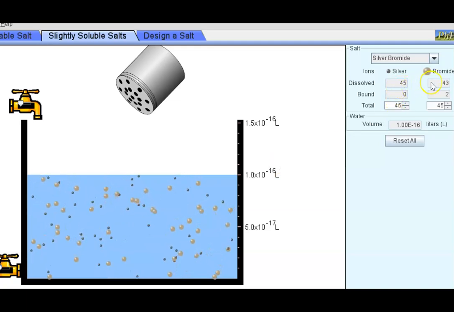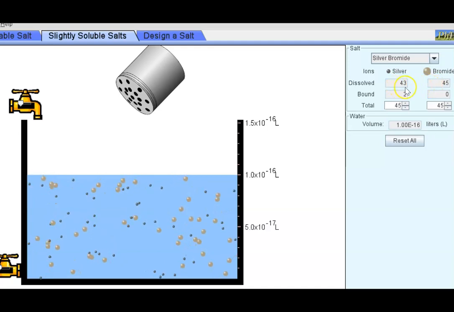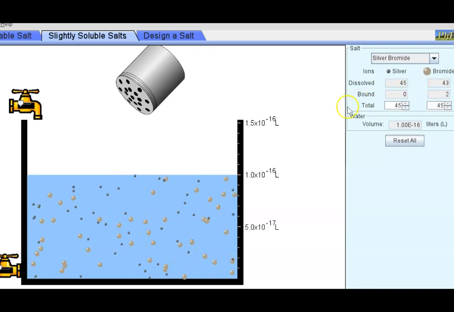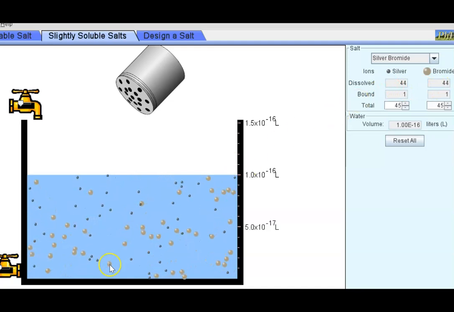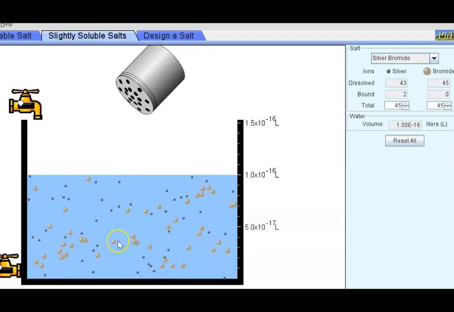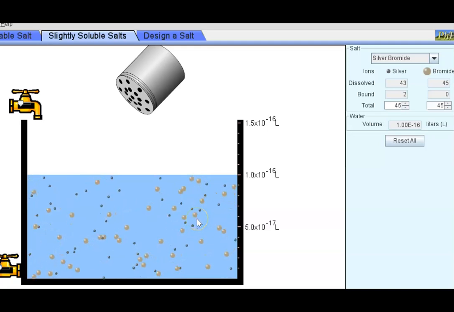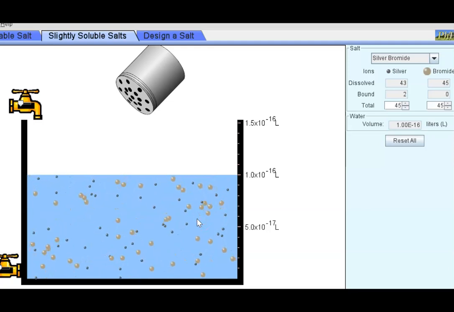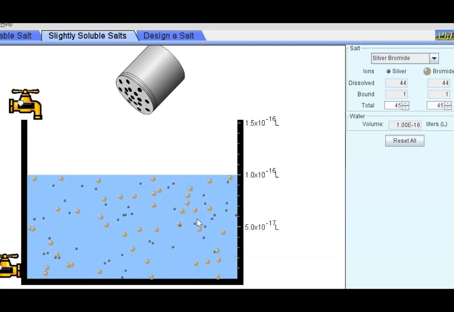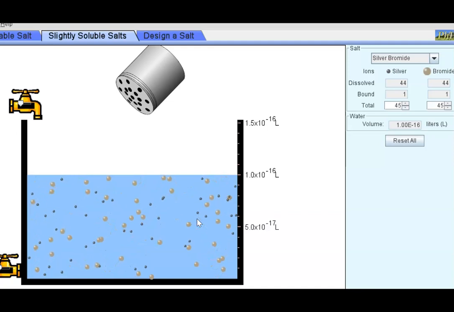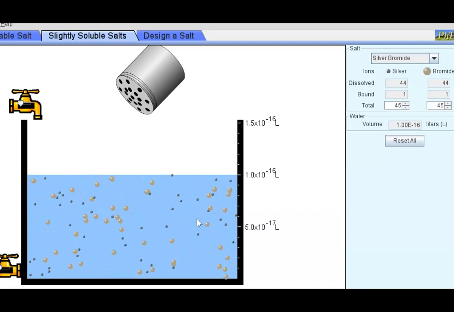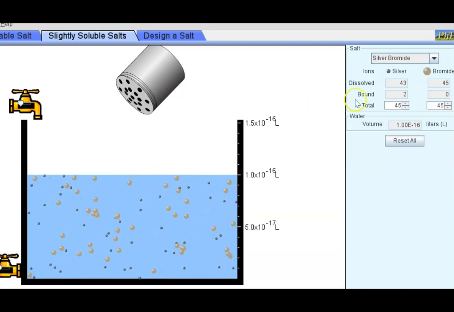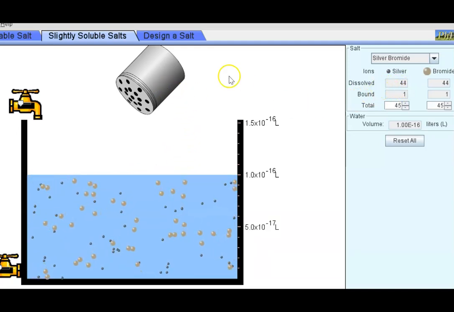And if you remember, I tried it in the lab, I believe it was right around this 43, 44 number of dissolved ions. And so you can see we don't have any precipitate. So this idea of solubility is that it's the amount that can actually dissolve the moment before you reach a saturated solution, right? And so this is the molar solubility of silver bromide. You've calculated it already in the lab.